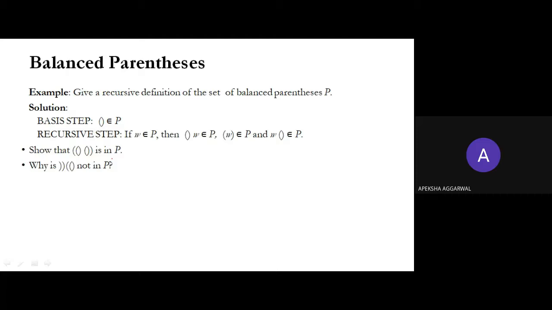Now balanced parenthesis, again the same. Initially that would be your left and right parenthesis. And in the recursive step, if you concatenate this parenthesis with any W, it is again a balanced parenthesis. So if you keep on concatenating multiple parentheses, that would also belong to the balanced parenthesis set, right?